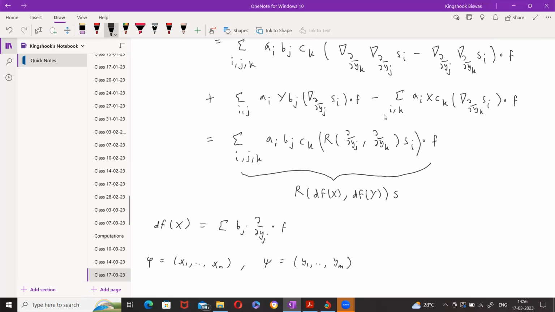Yeah, so actually, what is this last term here? This is sum over i, ai into nabla sub sum over j y bj del del yj composed with f, right?